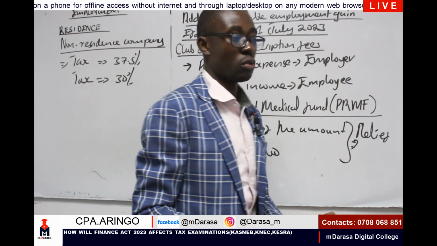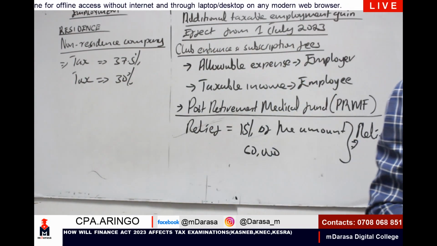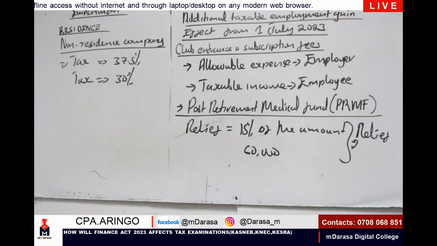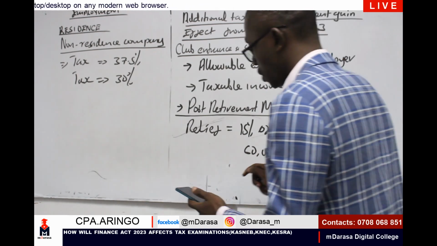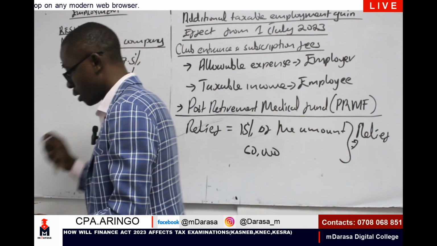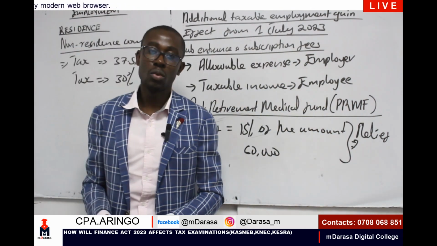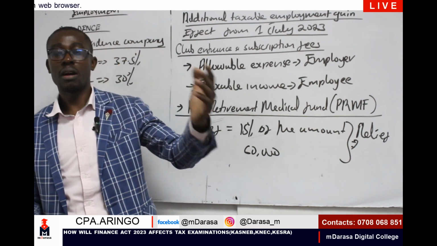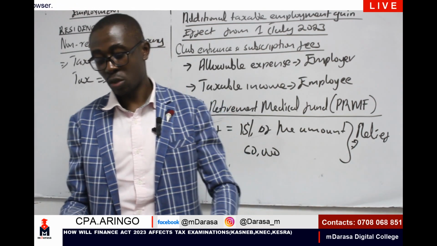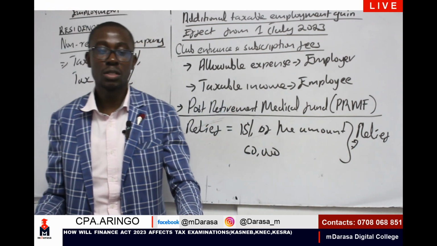But the question would be, how will this affect us in our examination? Just as I've said, many a time this concept will be tested in relation to the previous financial year, not unless you're given this financial year, which is July 2023 going forward.